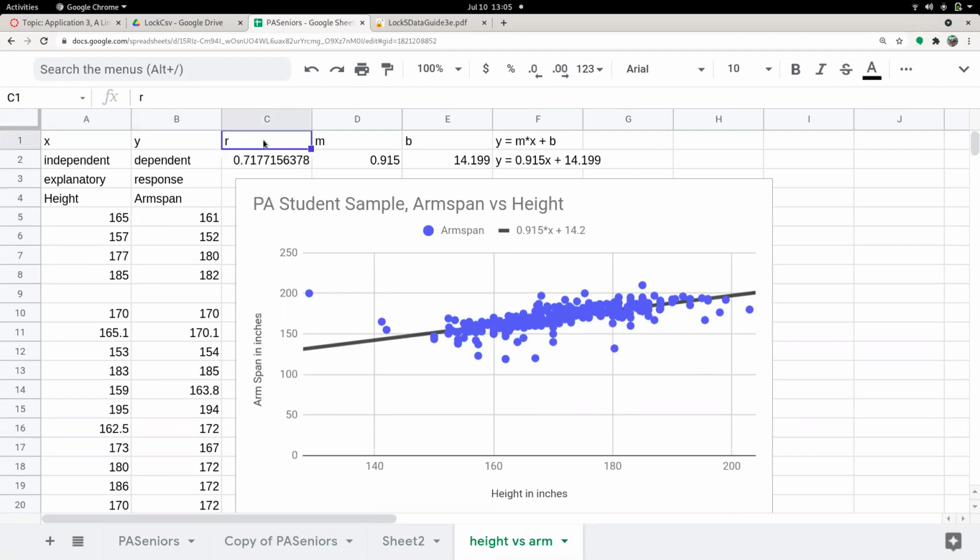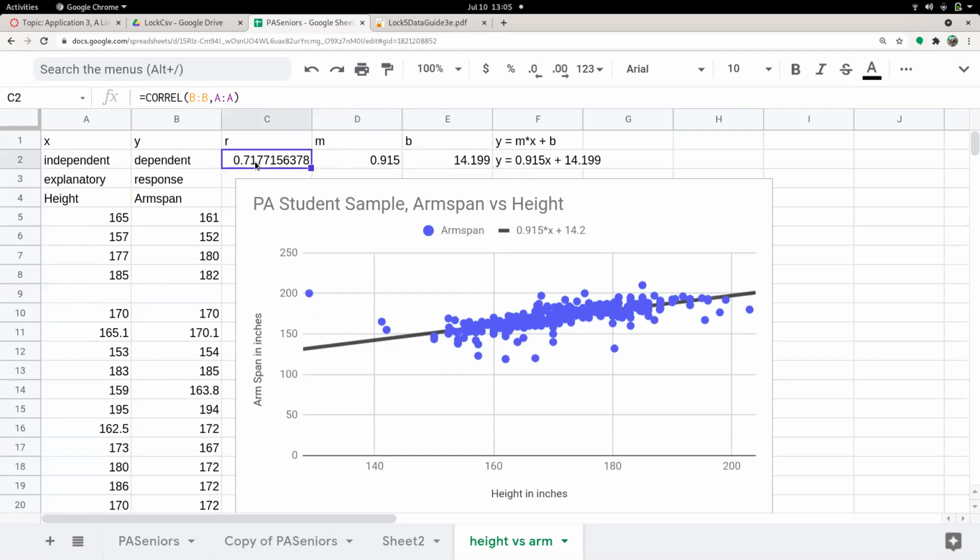I calculated R, which is the correlation coefficient, and it's always got to be the Y values first, the X values second. That's super important. And then I did the slope, and again, very important: Y values first, X values second. So column B, then column A, and B is my Y-intercept. And again, very important, intercept, Y values first, X values second.